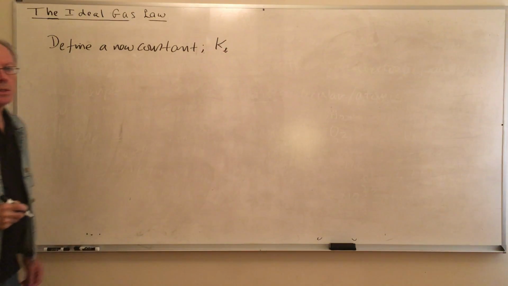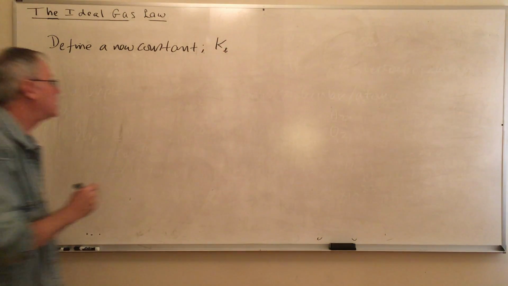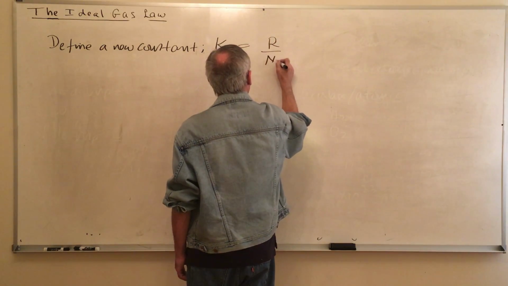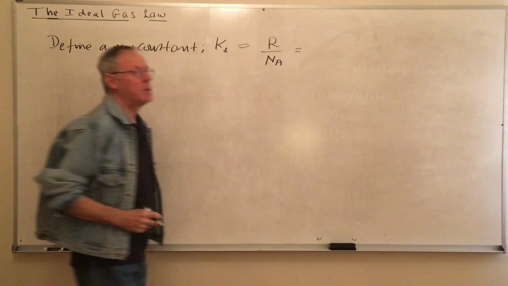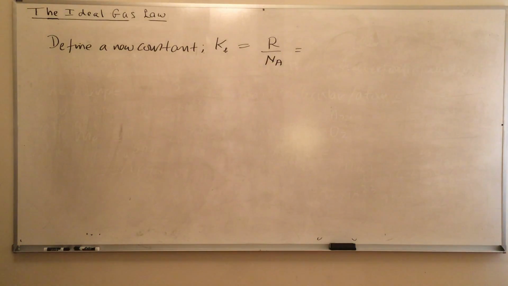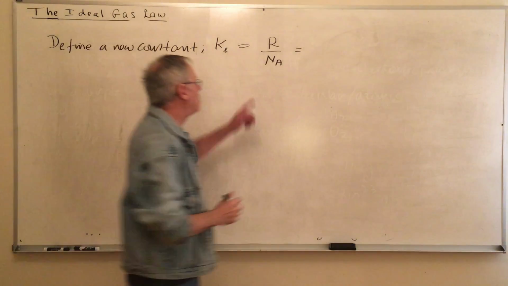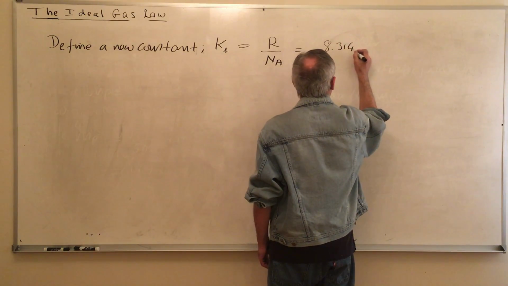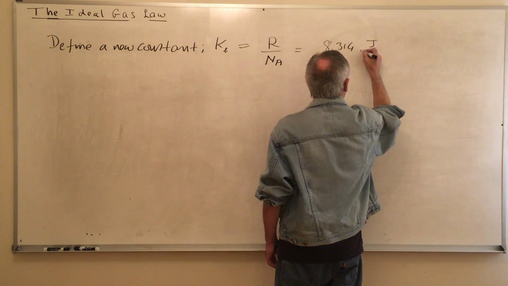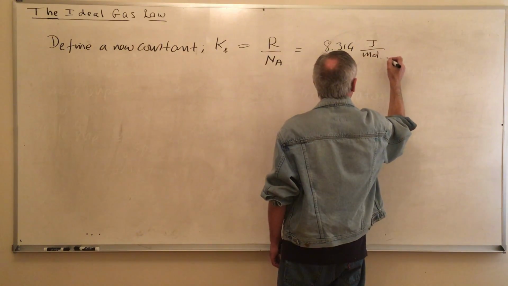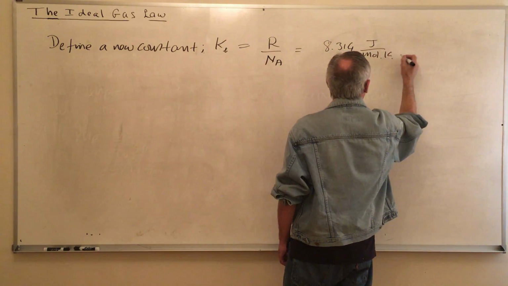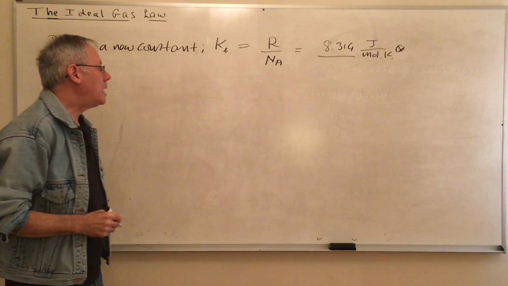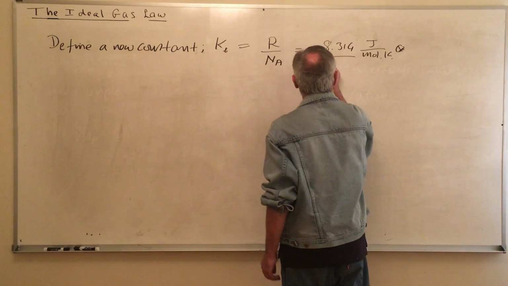We'll define a new constant, Kb, in terms of two other constants. We'll just simply take the universal gas constant R and divide it by Avogadro's number.